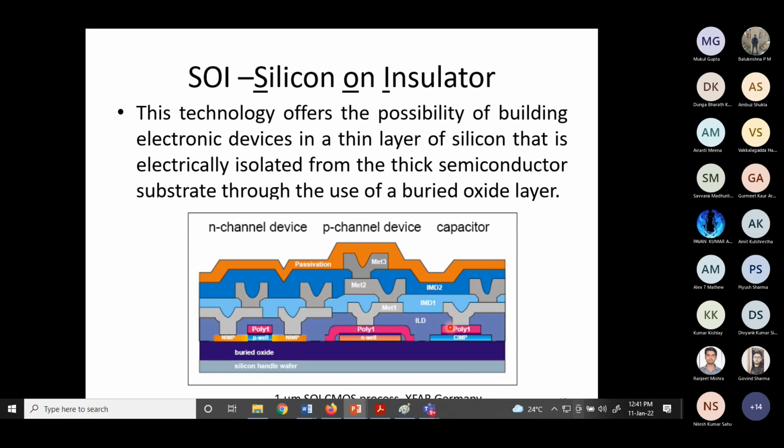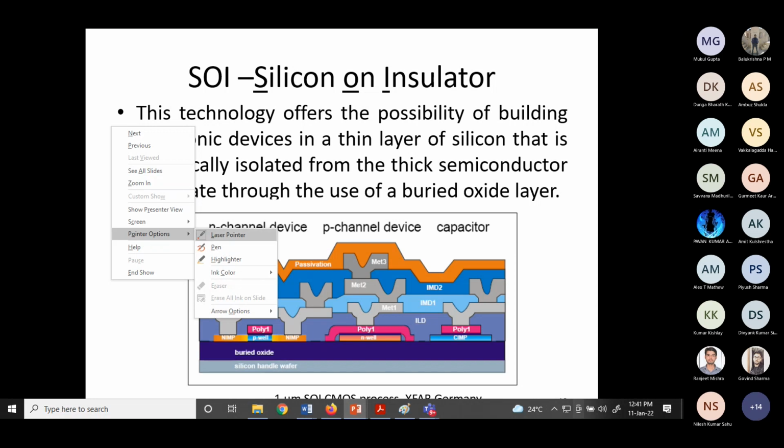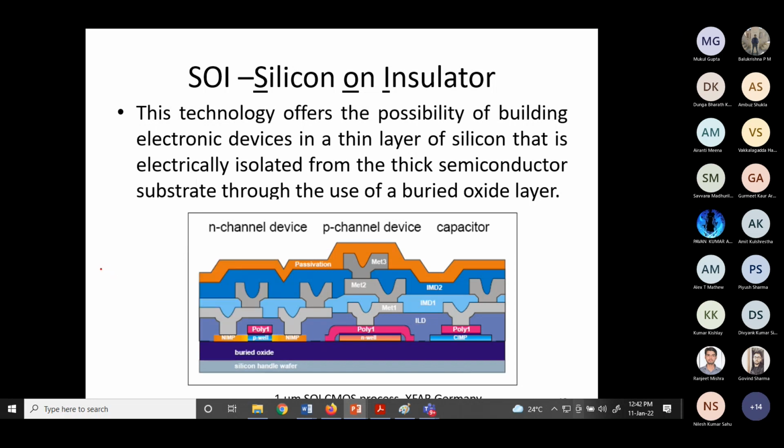Because you see, in the conventional MOSFET, you have other capacitances also. Where are they? One of your friends asked yesterday, all these capacitances are not good, they are detrimental.